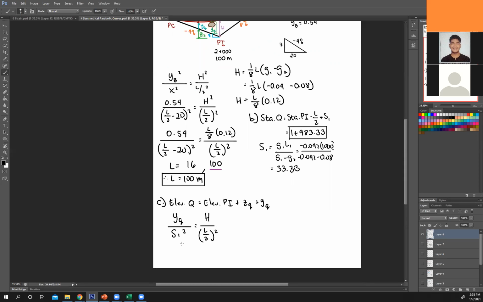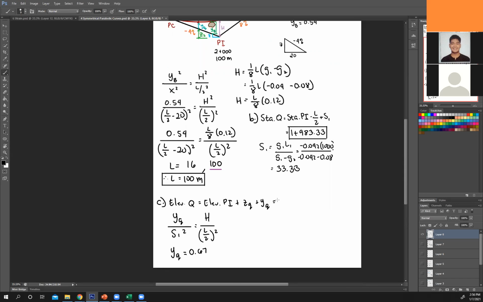So H is just L over 8 times 0.12, and L you already know to be 100. So substitute that, 100. Then S1 is just 33.33. So you can solve directly for YQ. YQ here is just 0.67.